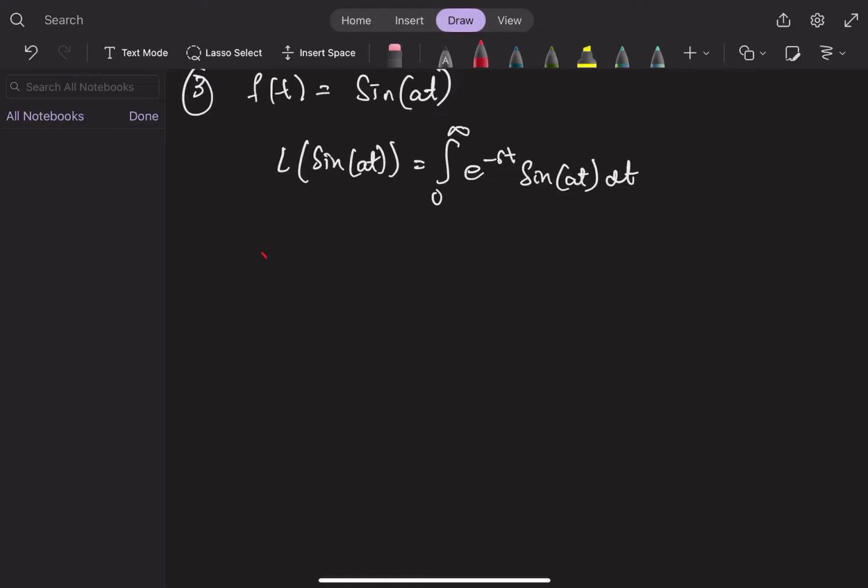Integration of e raised to ax sine bx dx is equal to e raised to ax divided by (a square plus b square) multiplied by (a sine bx minus b cos bx) plus c. So we will be using this formula.